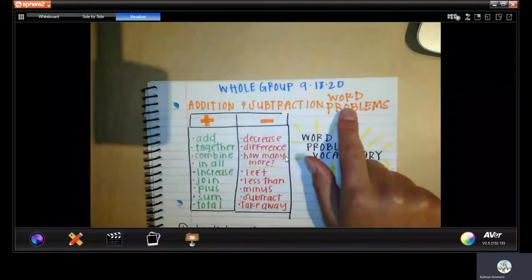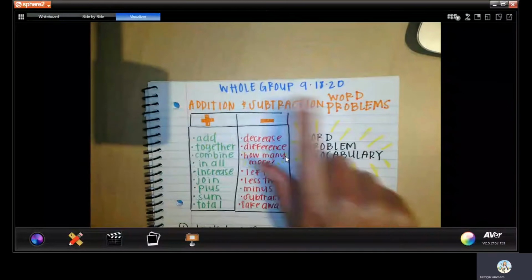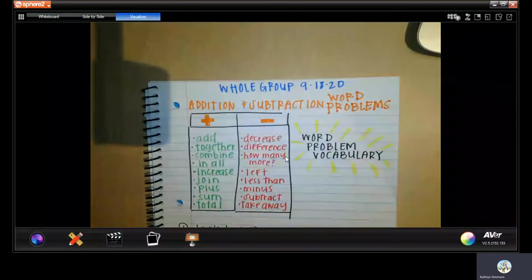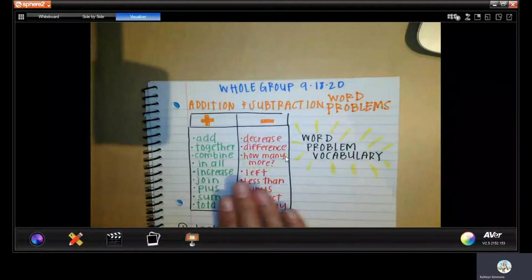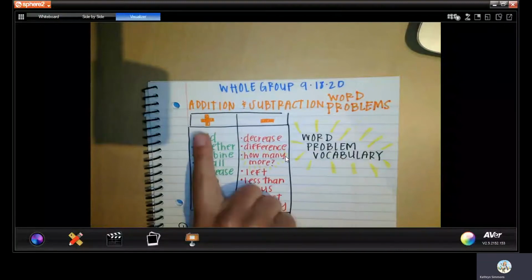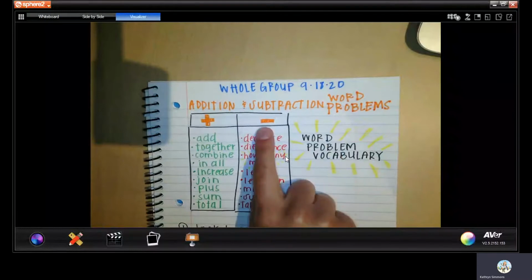So we're going to be practicing both word problems with addition and word problems with subtraction. To help us figure out if we're adding or subtracting, we are going to make a word problem vocabulary chart. In my chart here, I have a big addition sign at the top of this column and a big subtraction sign at the top of this column.